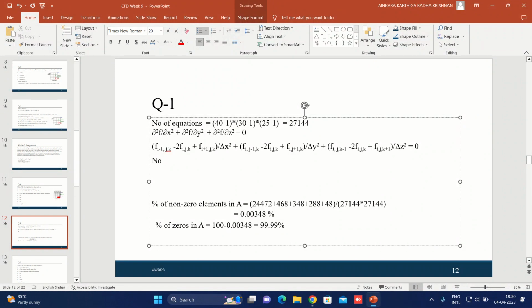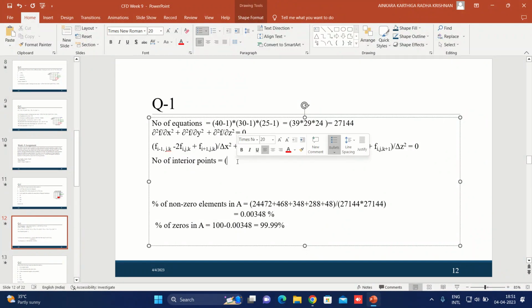So the number of interior points in this would be 39 cross 29 cross 24.